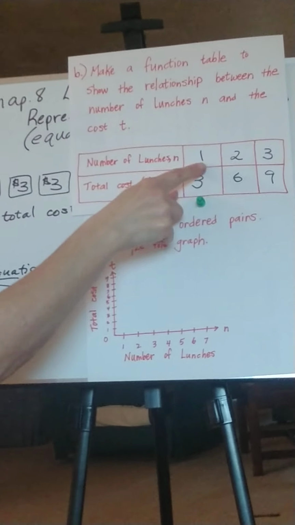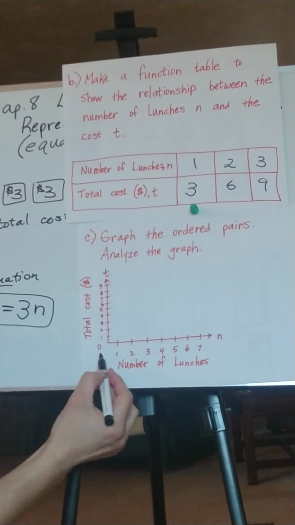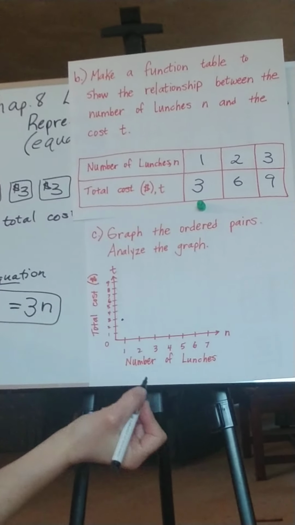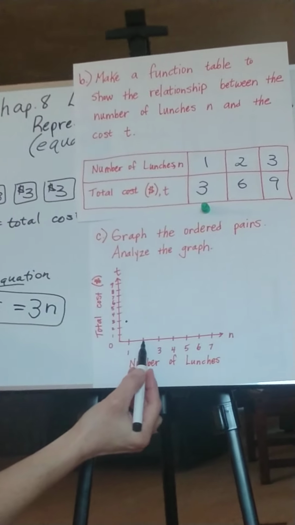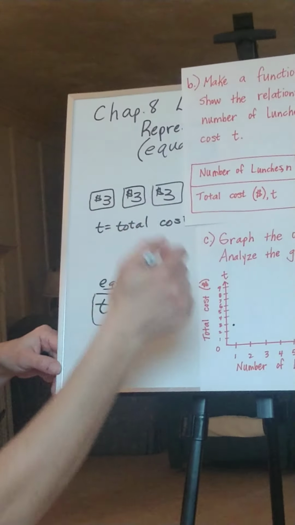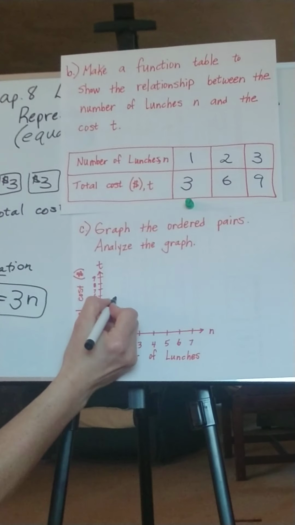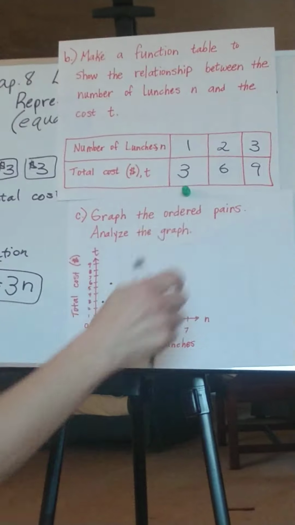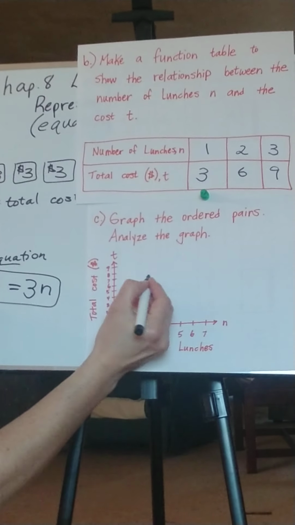So this means we're going to go over 1, up 3. Over 1 lunch, and the cost is $3. If we have 2 lunches, that cost is $6. 3, 6. So over 2, up 6. If we buy 3 lunches, the cost is $9. So over 3, up 9.